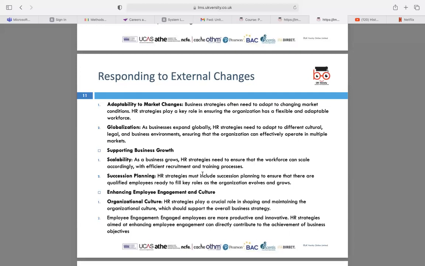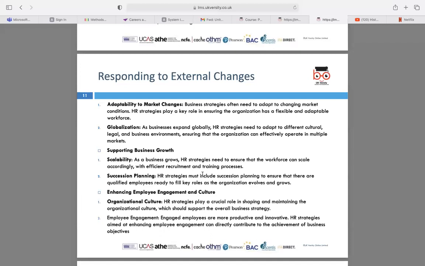So, strategic fit would eventually mean that how the business responds to the environmental changes in a timely manner and also looks at competition in the market. That's how you would say you adapt to the changing market. And that's where HR plays a key role, so that the different strategies they bring up will help its employees or its workforce to eventually adapt to that and be flexible enough to make those changes.